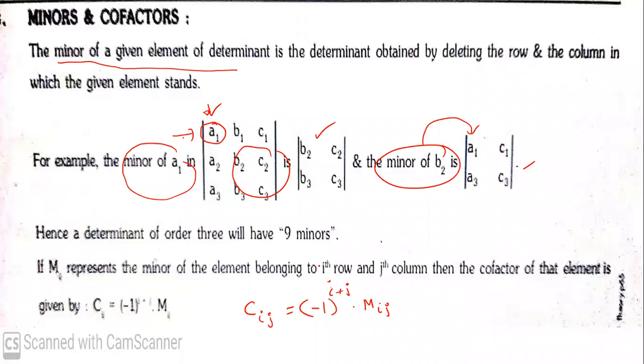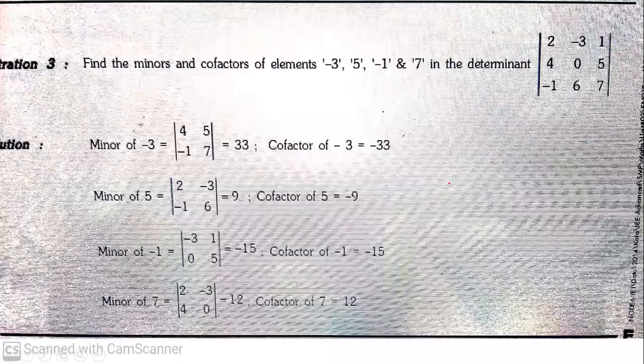Just for the first 5 minutes, I recall the definitions. Yesterday I told you this is the DPP question. How many of you are completing it? Minor and cofactor, both cases. These are the answers. Yes, completed. Good, thank you.